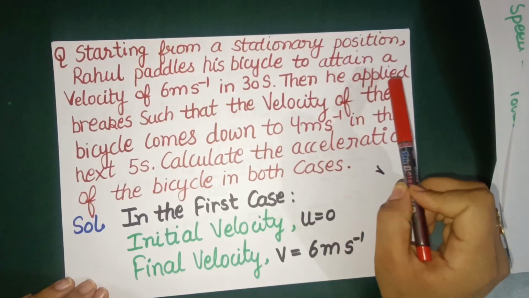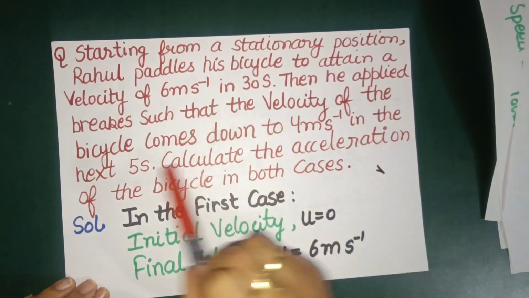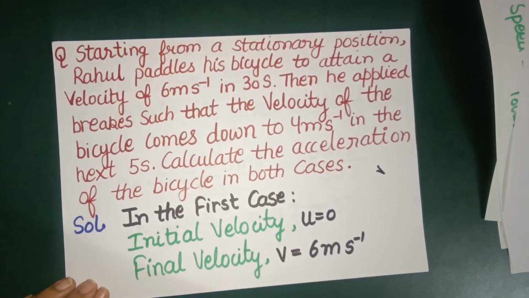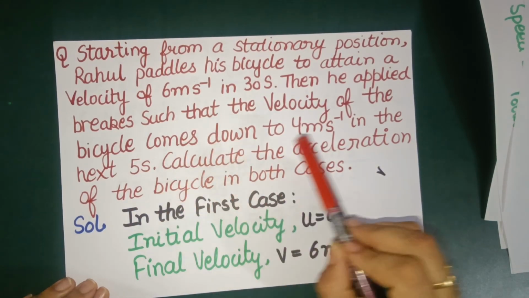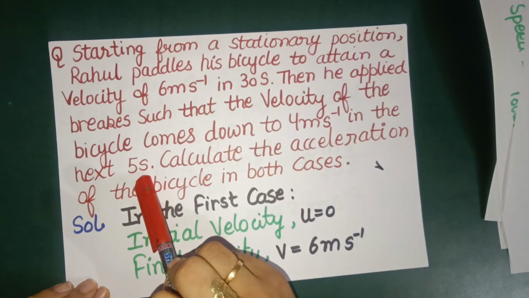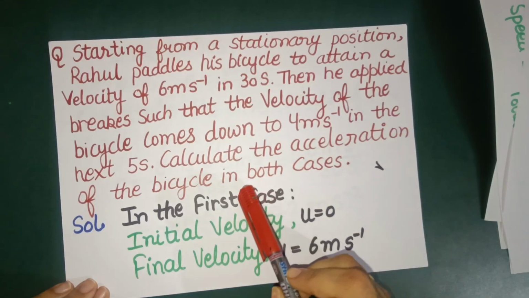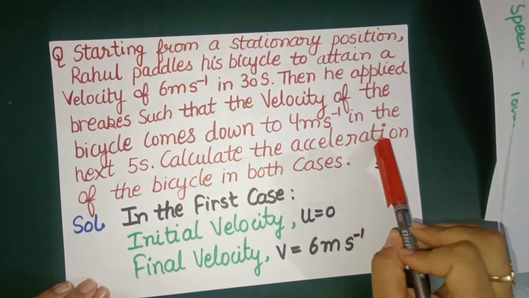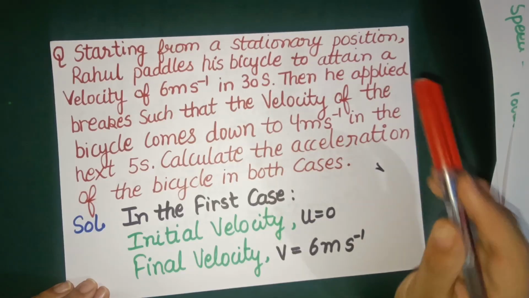Then he applied brakes. उसने ब्रेक लगाई such that the velocity of the bicycle comes down to the 4 meter per second in the next 5 seconds. वो जो next 5 second थे उसमें उसकी जो velocity है वो कम होगी. Now calculate the acceleration of the bicycle in both the cases. बताओ कहता है दोनों केसेस में क्या हुआ.